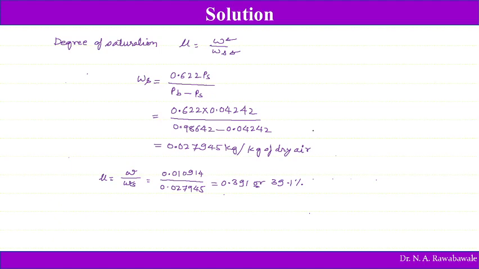Then this mu can also be obtained by another formula. Mu is equal to PV divided by PS, in bracket PB minus PS, divided by PB minus PV. If we substitute these terms, again we get the mu value, that is the degree of saturation.